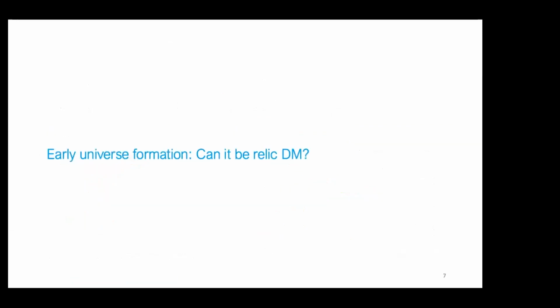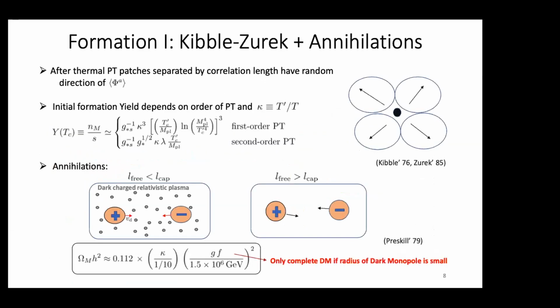So how do we get it from the early universe? The main idea is we want to form the dark monopole, and we know how to form it using the thermal phase transition. This is the Kibble-Zurek mechanism. When the thermal phase transition happens, you have patches in the universe, separated by some correlation length, with different directions of the symmetry breaking field phi.